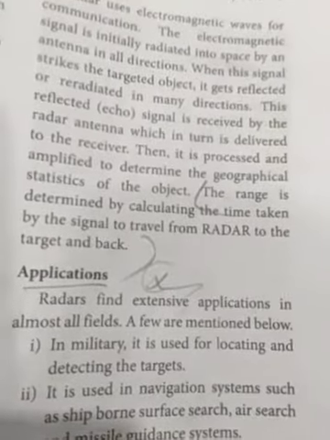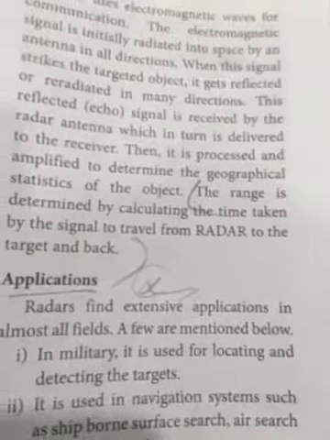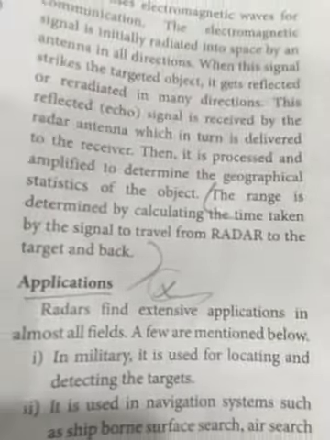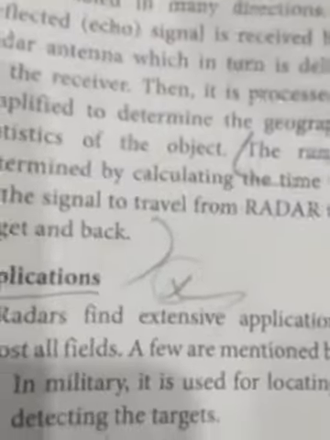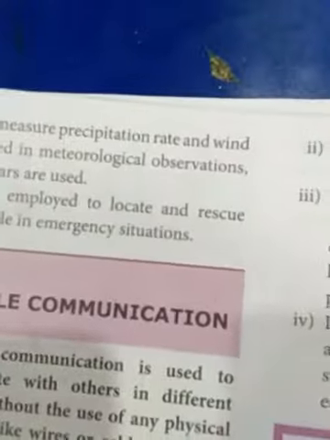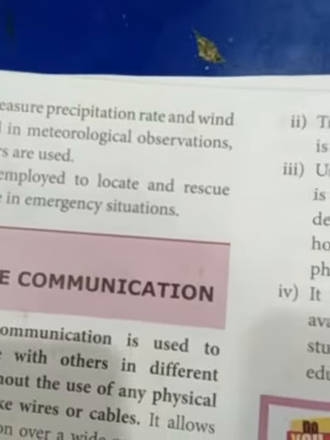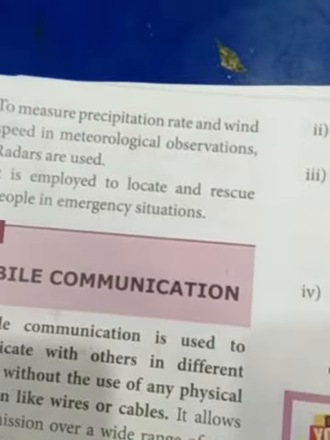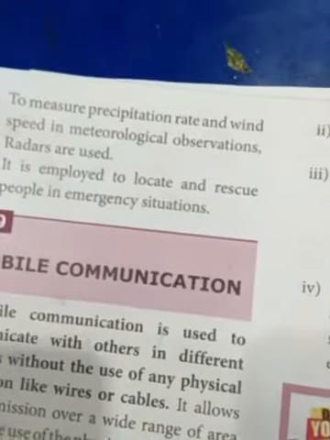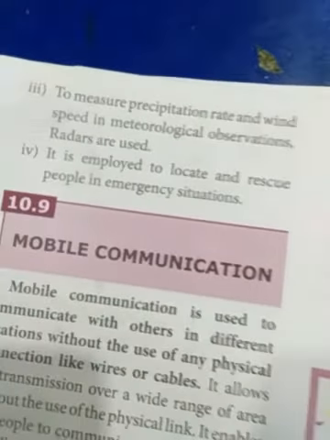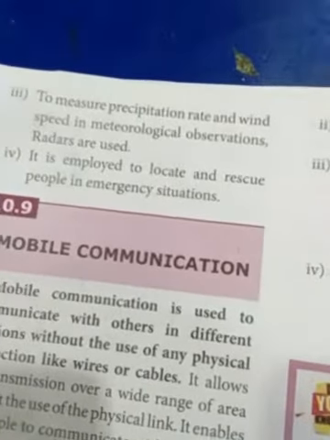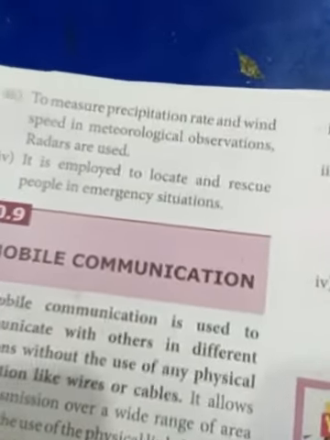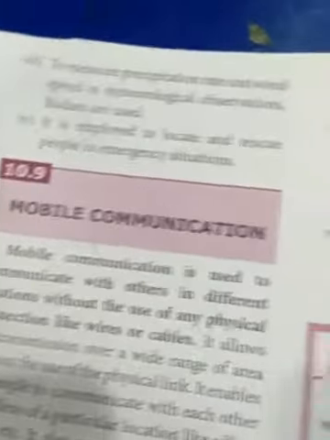Next point, to measure the precipitation rate and the wind speed in meteorological observations, radars are used. Next, it is employed to locate and rescue people in emergency situations.